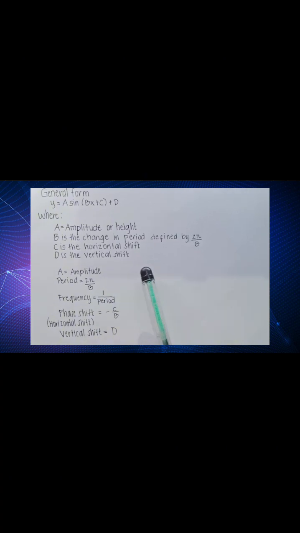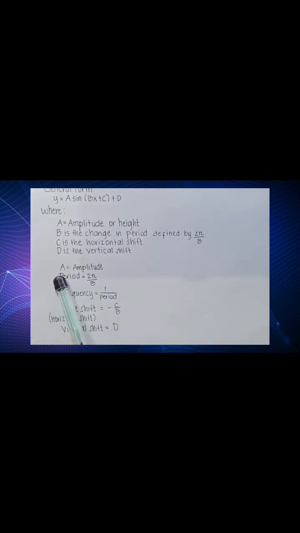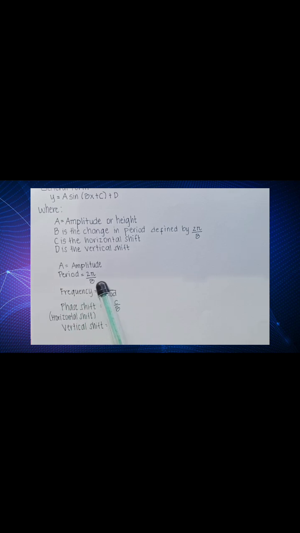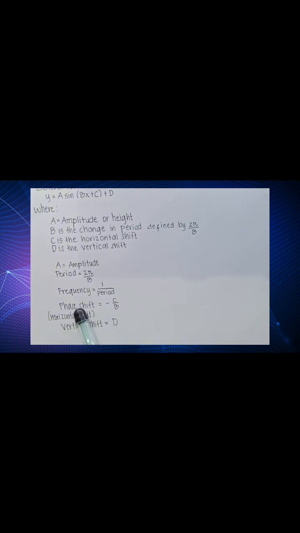The amplitude is a, the period is 2 pi over b, and frequency is equal to 1 over period, and phase shift is equal to negative c over b, which is the horizontal shift. The vertical shift is equal to d. So that is our formula for the sinusoidal wave.